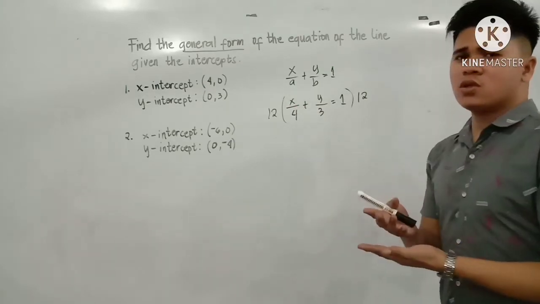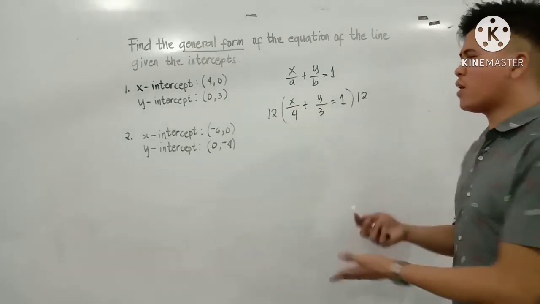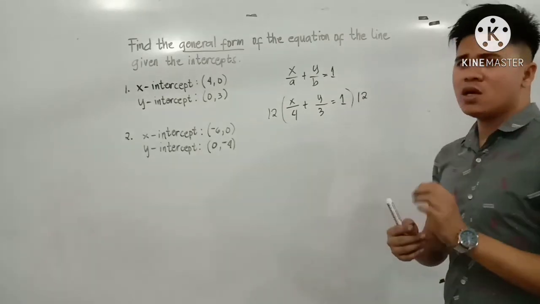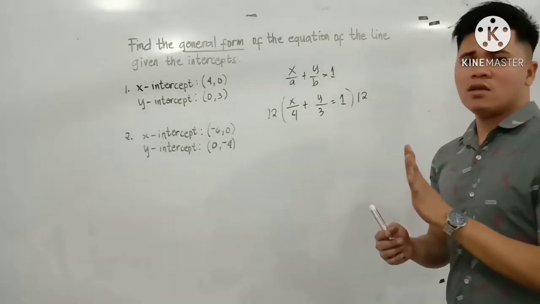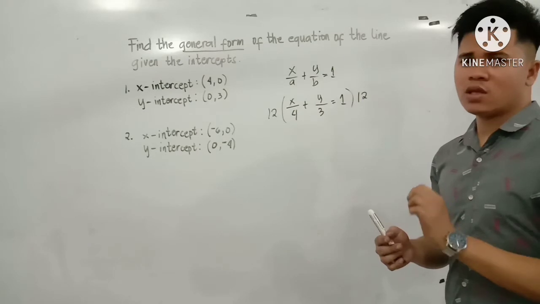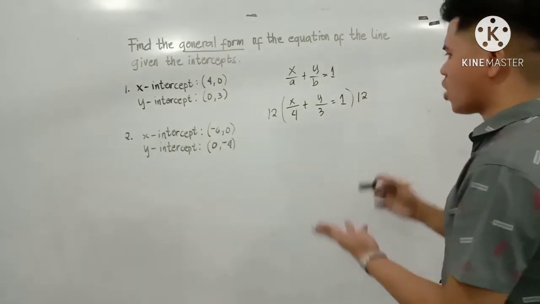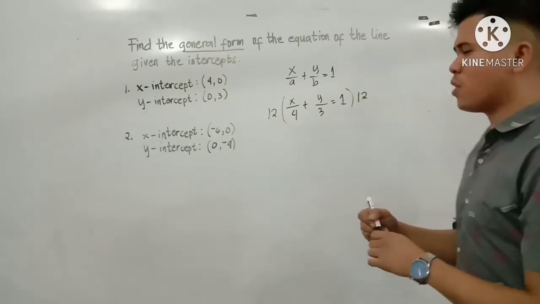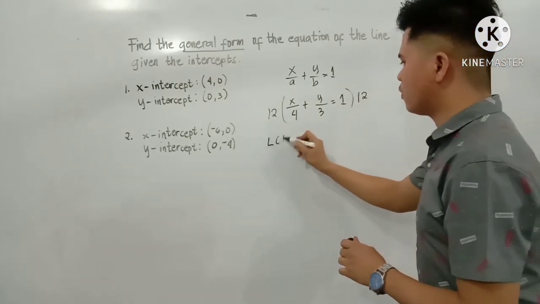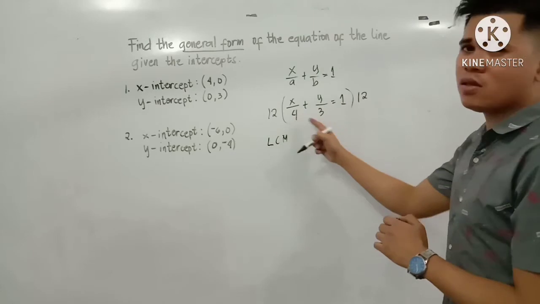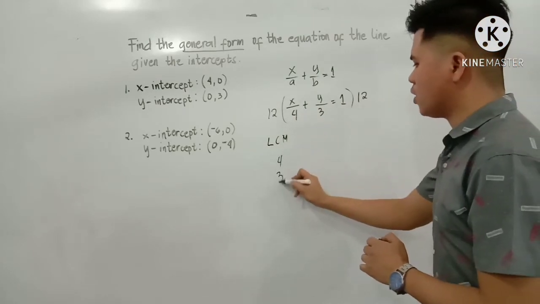So for those students who do not know yet how to find the LCD, simply just use the LCM. It is the least common multiple. Okay, so let's check if our LCD is correct. So by using the LCM, we simply use the given denominators 4 and 3.